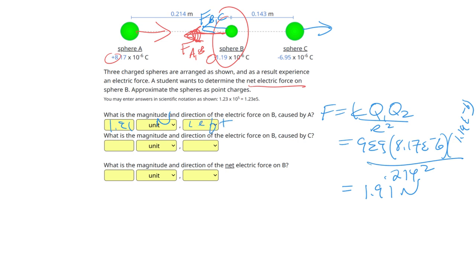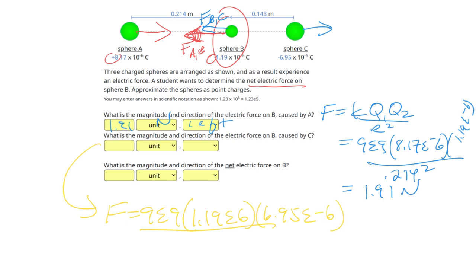Then I do the same thing for the blue one, the force between B and C. I'm going to do that work right here. F equals 9 e to 9 times B 1.19 times the other one, 6.95 e to the negative 6.